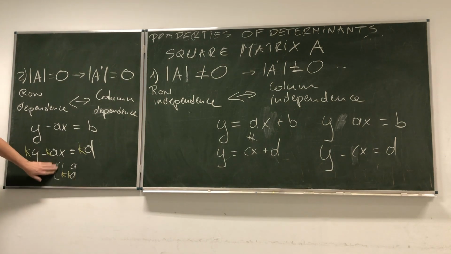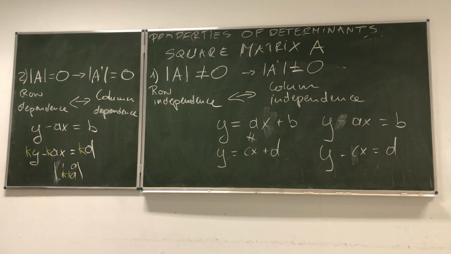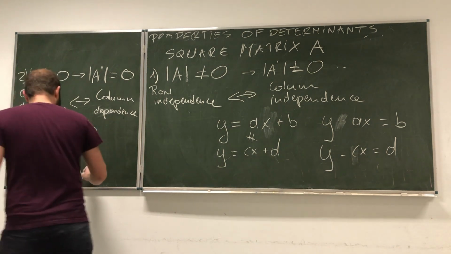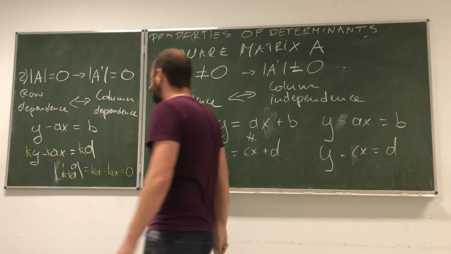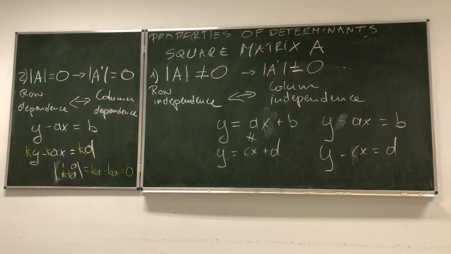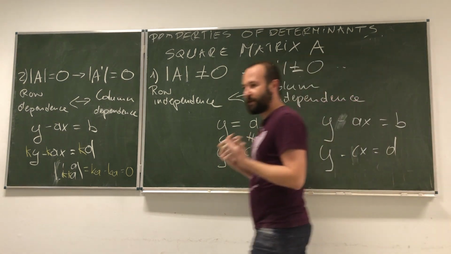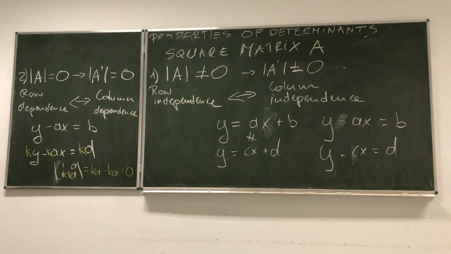But look, if I calculate the determinant for this expression, I will still get ka minus ka, and it is equal to 0. And in this last property, we got the entire reasoning behind the connection between determinants and systems of simultaneous equations.